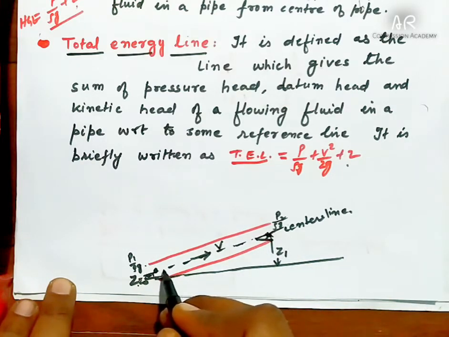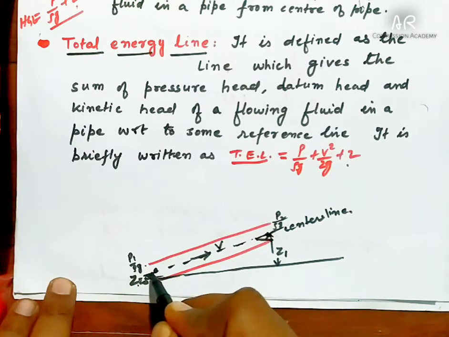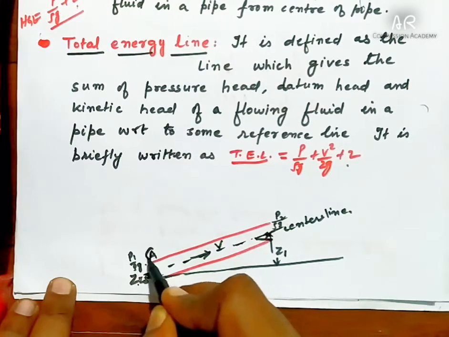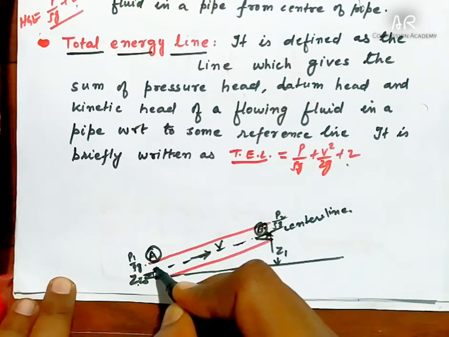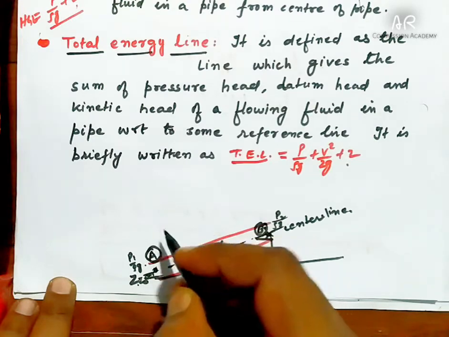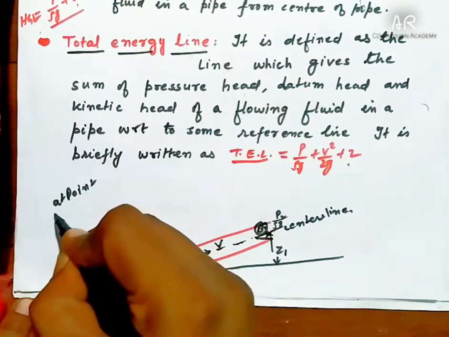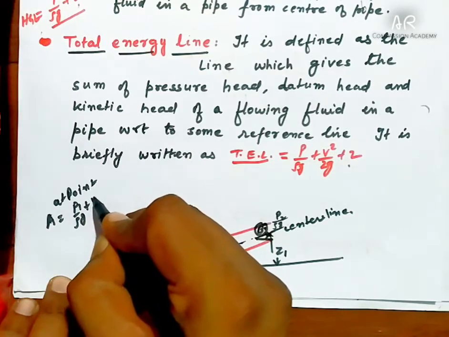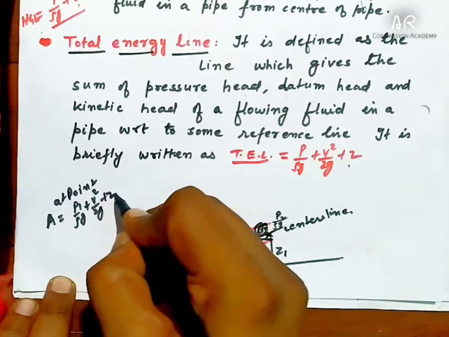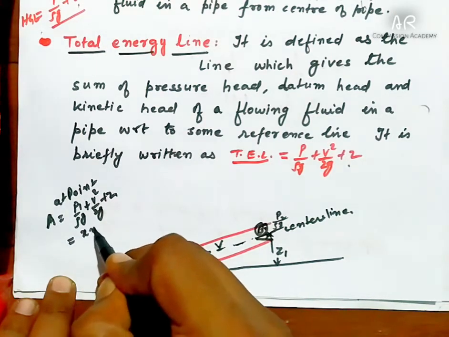If you want to draw the total energy line and hydraulic gradient line, then what will be total energy line? Suppose this point is A and this point is B. If you add all the three energies, at point A, the total energy is P1 by rho G plus V square by 2G plus Z. So from this center line, suppose this is X meter.